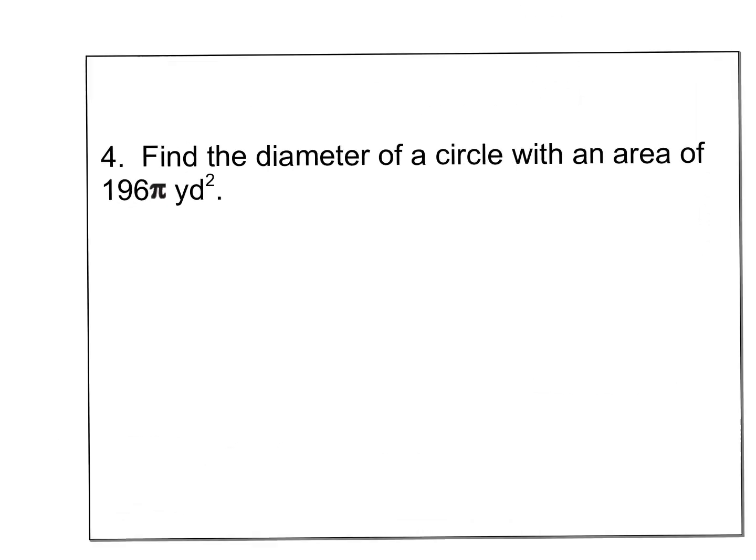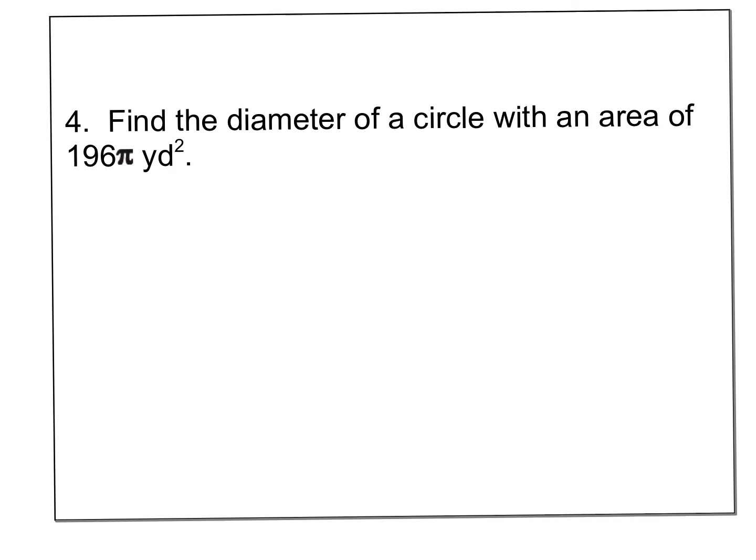So now, we're going to take this one step further. If you'll notice, they give me the area in terms of pi. So now, pi r squared is my area, and that equals 196 pi. Now, this is actually a very, very simple one because I want to follow that same first step.